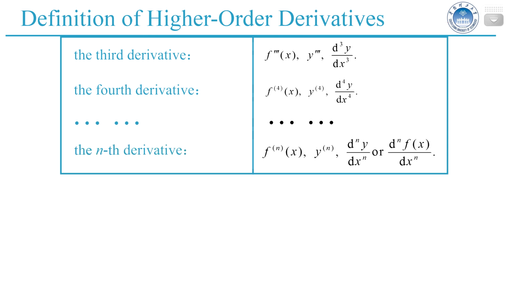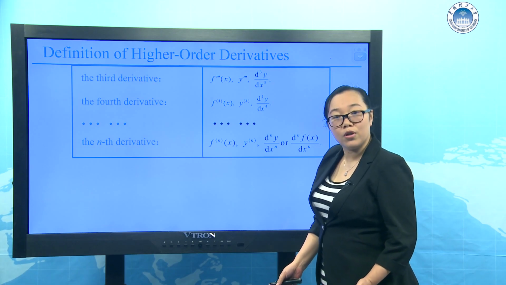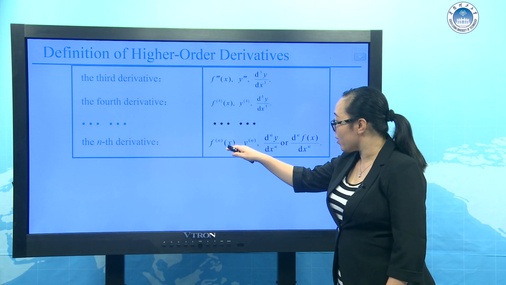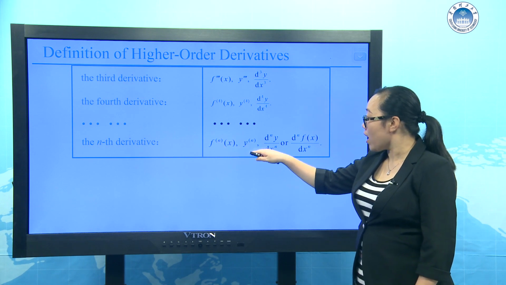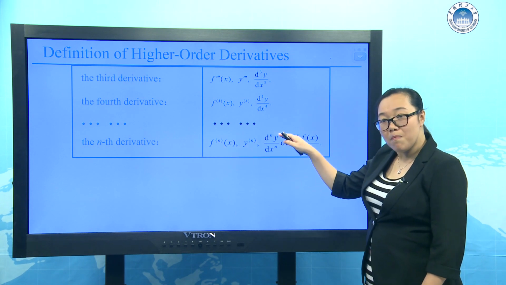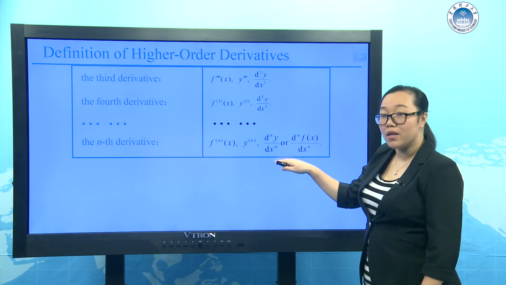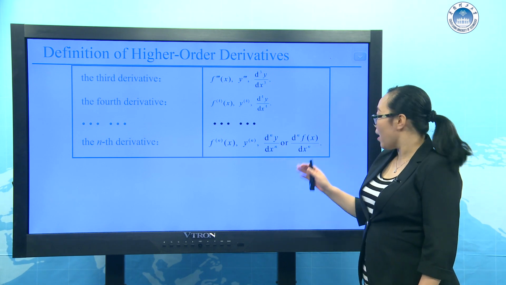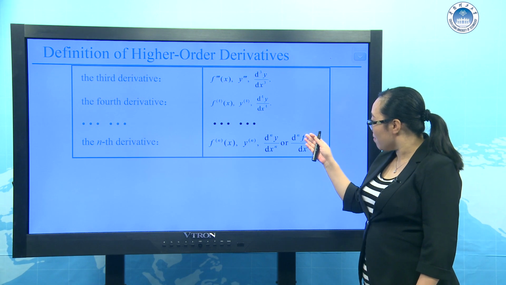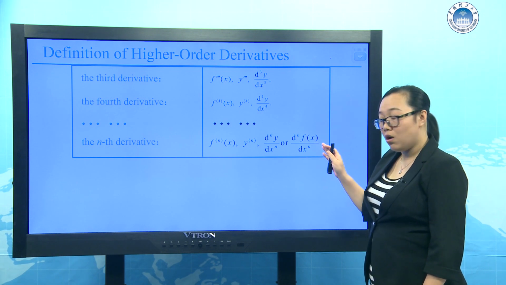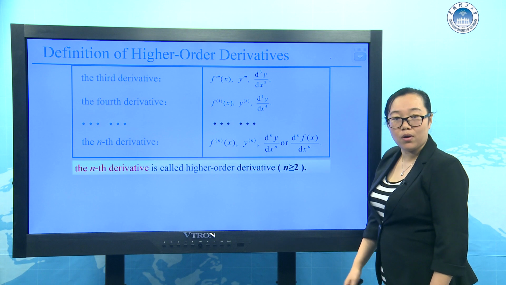Together, we can get the nth derivative, which means n times derivatives: f bracket n of x, y bracket n, d n power y over dx n power, and d n power f(x) over dx n power.